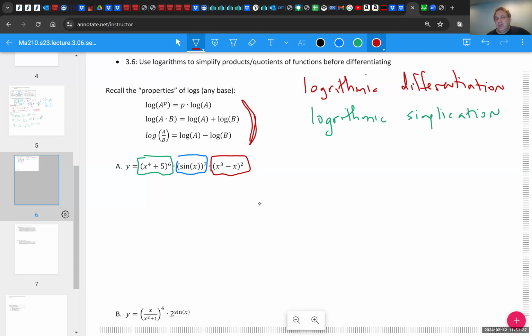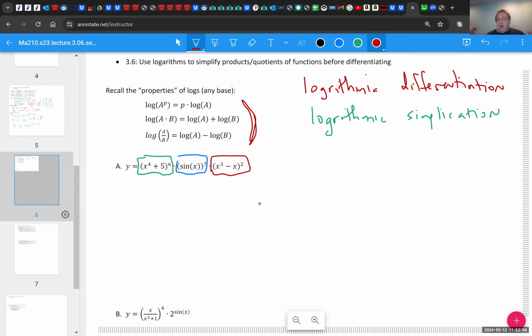I guess you could try to FOIL out x cubed minus x squared, but this is going to be just a nightmare to try to simplify. And I think the easiest way would be to do a triple product rule. Do the product rule on the first two, and then whatever you got there, do the product rule with the last one, and you get all kinds of different product rules and chain rules and all kinds of stuff. Not fun, very, very long problem.